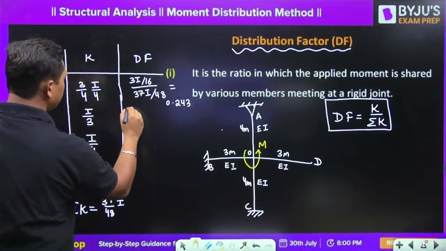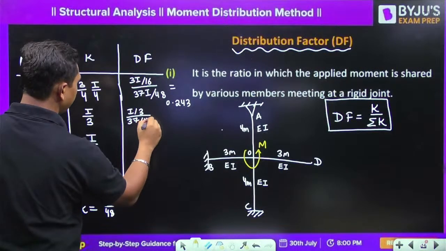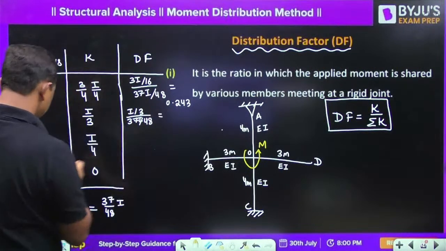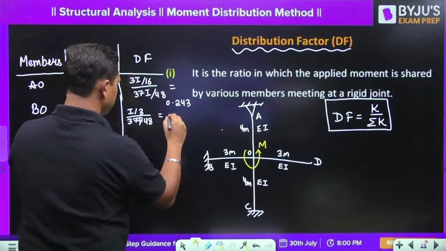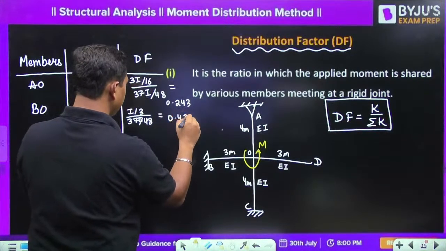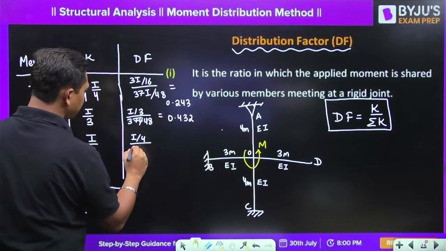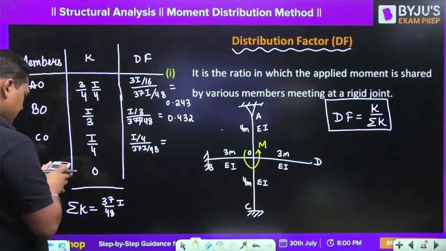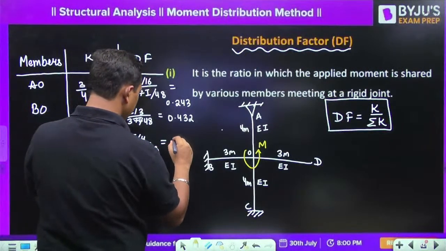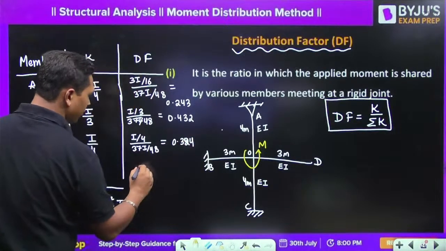Similarly, this will be equal to I by 3 divided by 37 by 48I, which is equal to 0.432, and this will be I by 4 divided by 37 I by 48, which is equal to 0.324, and this will be equal to 0.